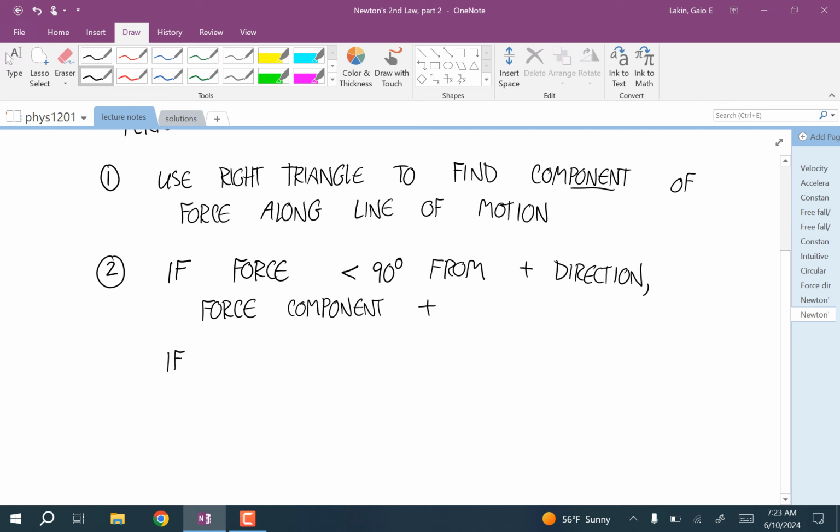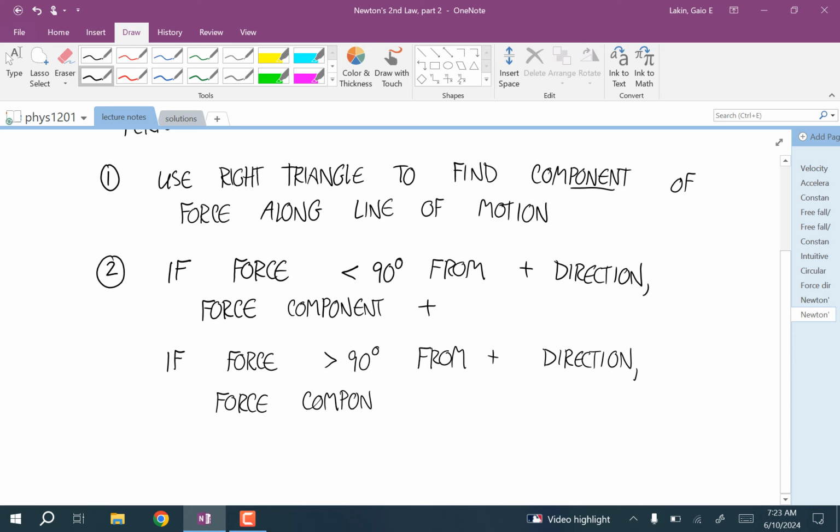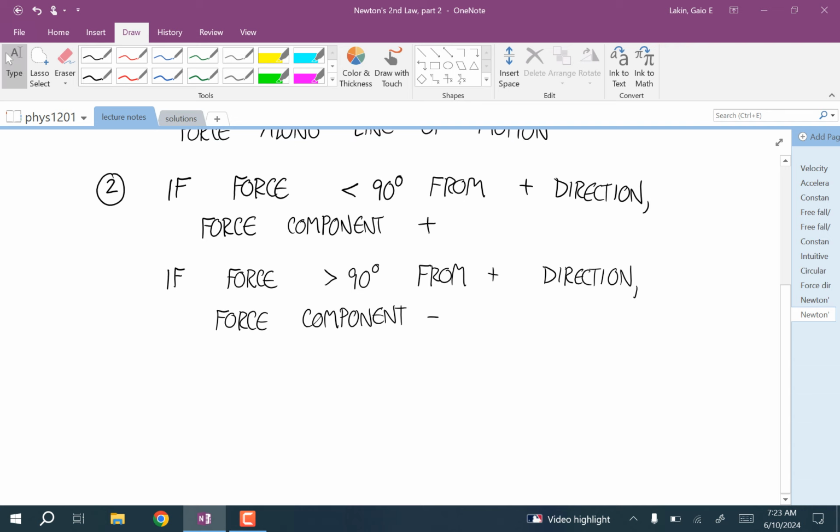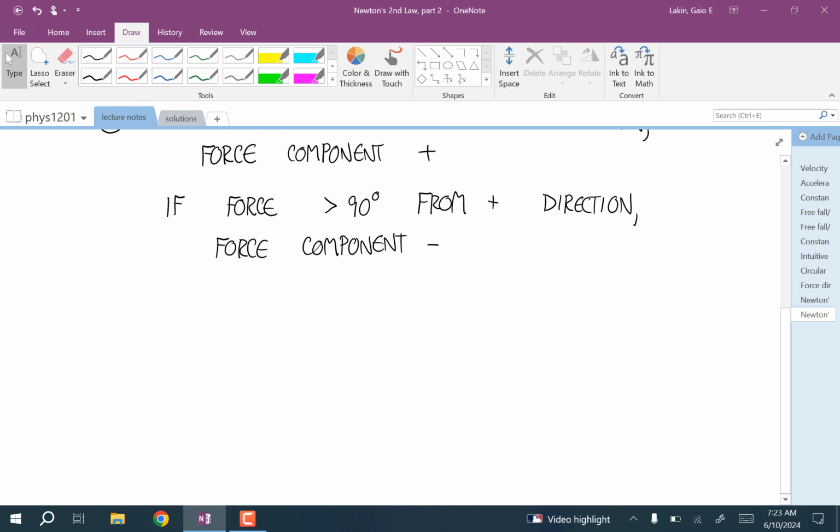And on the other hand, if the force is greater than 90 degrees from the positive direction, then the force component is going to be negative. Okay? And so let's just start going through some examples.